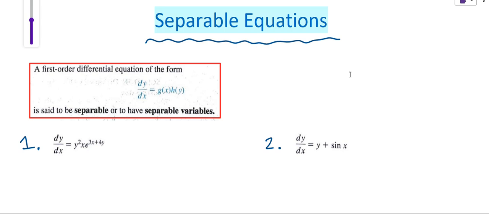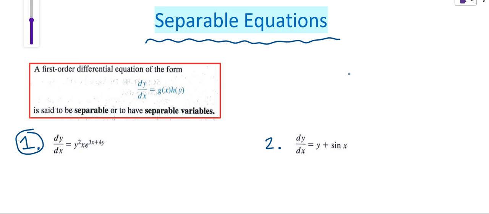So I think the best way to understand this is these two examples here. We'll start on the left with example number 1, where we have dy by dx equals y squared x e to the 3x plus 4y. We can ask ourselves this question: is this a separable equation or not?